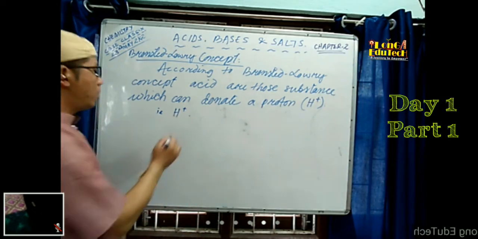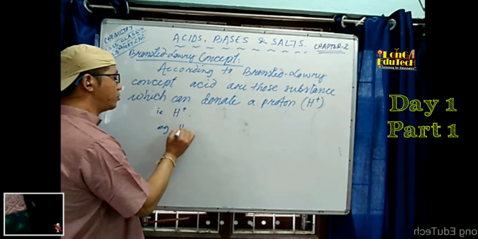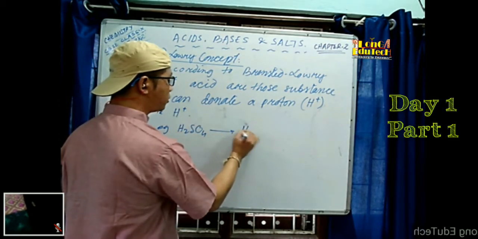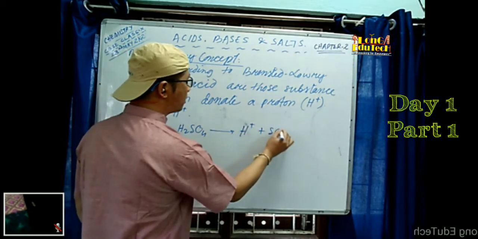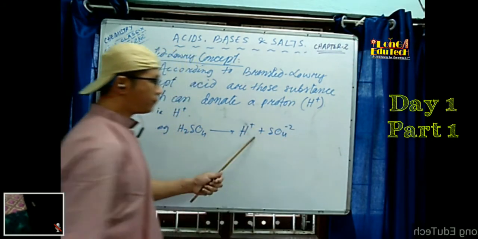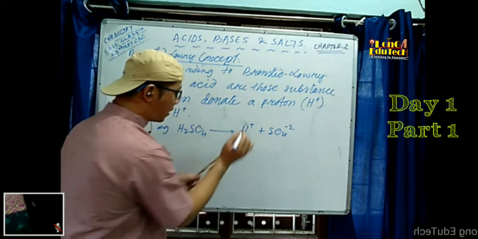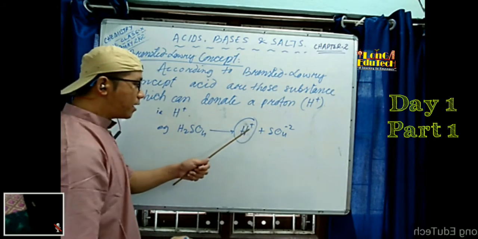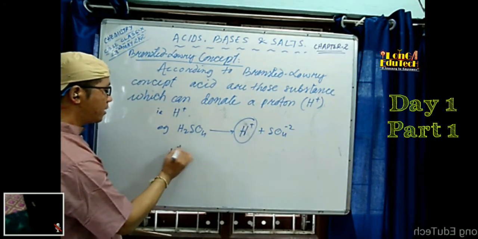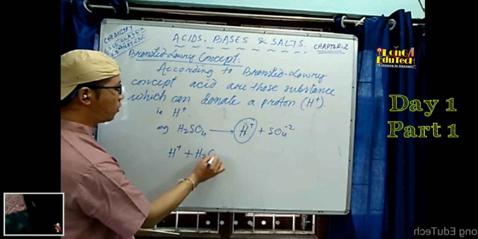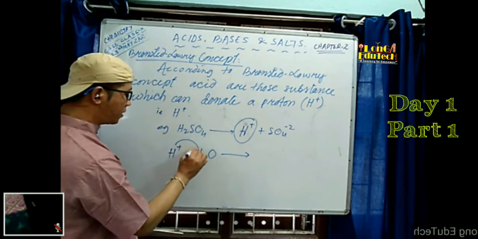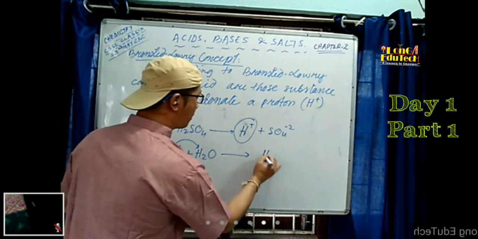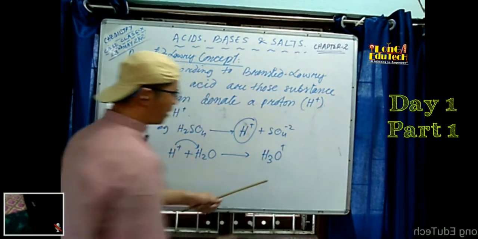Here also we can take H2SO4. When dissolved in water, surely it will dissociate into hydrogen ions and sulfate ions. This hydrogen ion is given out, and when it comes in contact with water, it will donate this proton to the water molecule and form H3O plus, that is, the hydronium ion.